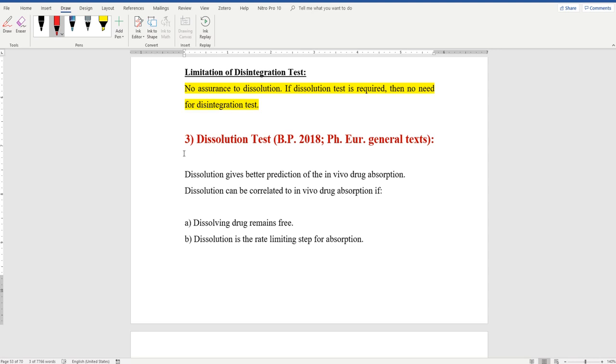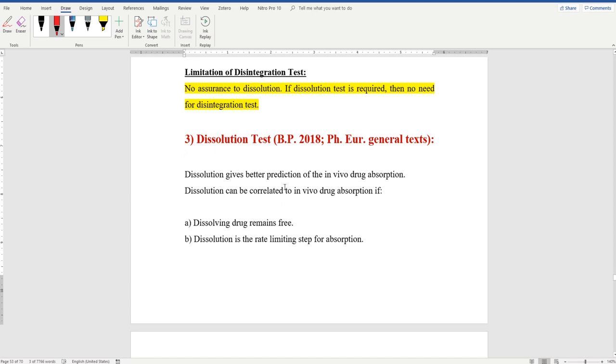We assume that the faster the drug gets dissolved from the tablet in the medium, meaning the drug gets released and dissolves in the medium, the faster it will get absorbed. So if we do it in vitro outside the body and the dissolution is fast, we expect also the absorption will be fast inside the body. Okay?